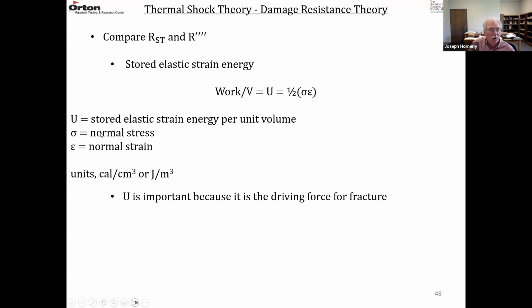And sigma is the normal stress, epsilon is the normal strain, and the stored elastic strain energy is commonly reported in calories per cubic centimeter or joules per cubic meter. And that's the driving force for fracture. So if you minimize the driving force for fracture, you maximize either RST or R4 prime.